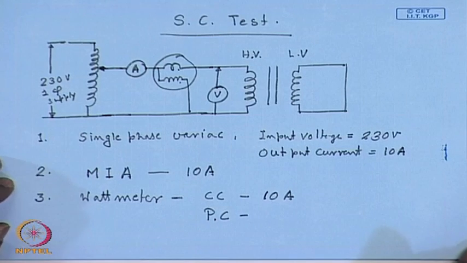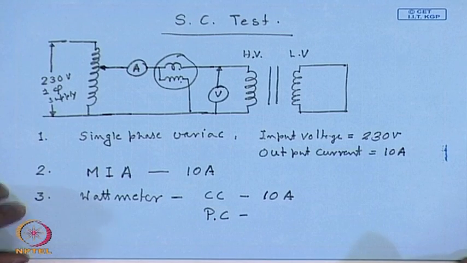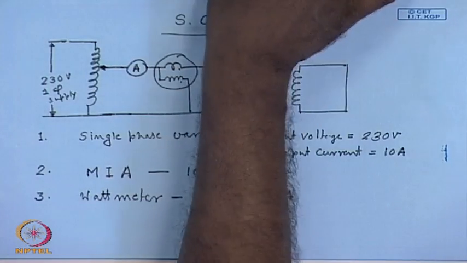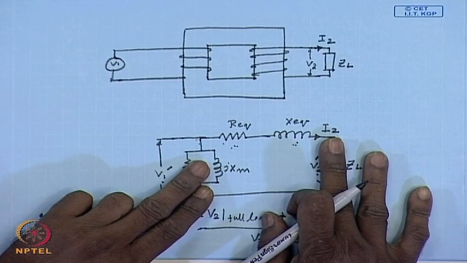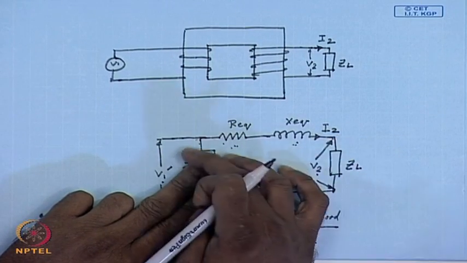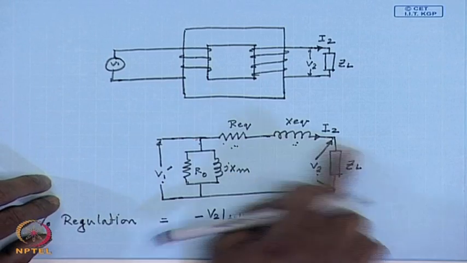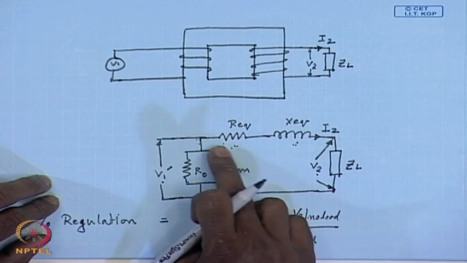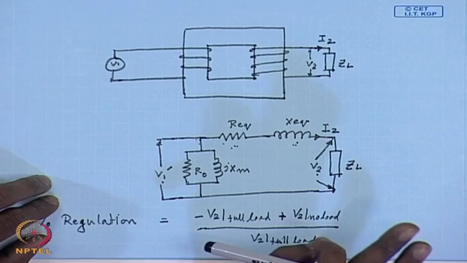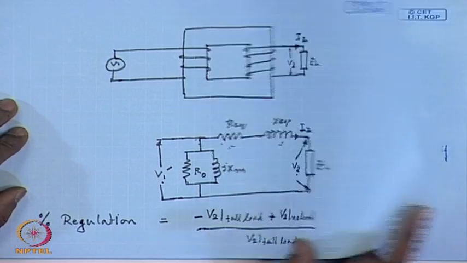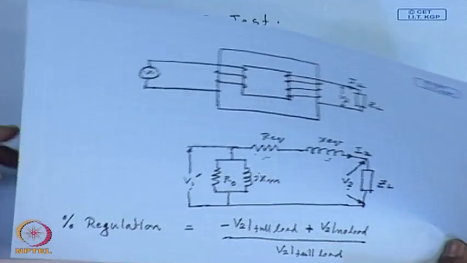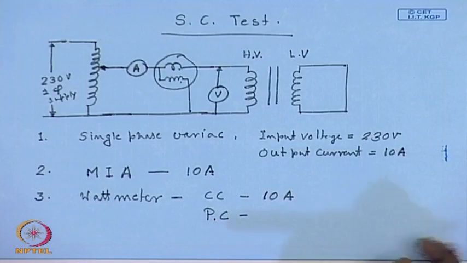Now, for a single phase transformer, if we look at the equivalent circuit, when we short the secondary side, the required voltage to circulate full load current is the series impedance multiplied by the full load current, which usually is in the range of 5 to 10% of the rated voltage.